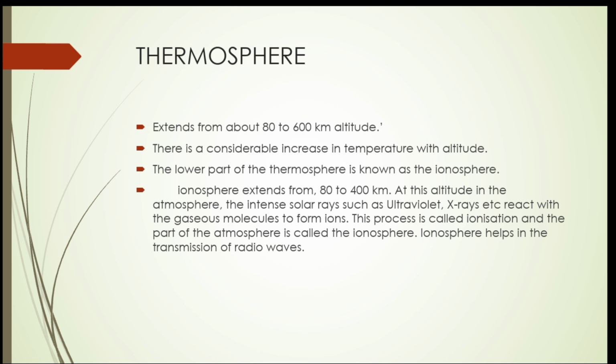In the mesosphere, the temperature decreases with altitude, and in the thermosphere, the temperature increases with altitude. And we talked about the ionosphere, which helps in the transmission of radio waves, and we talked about the ionization process. That is all that we looked into today.